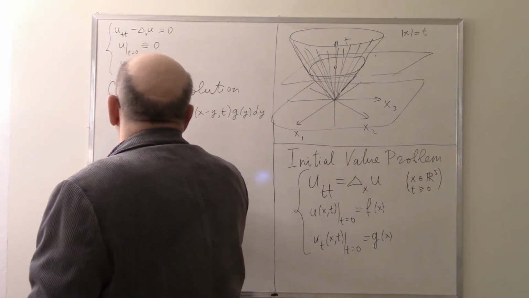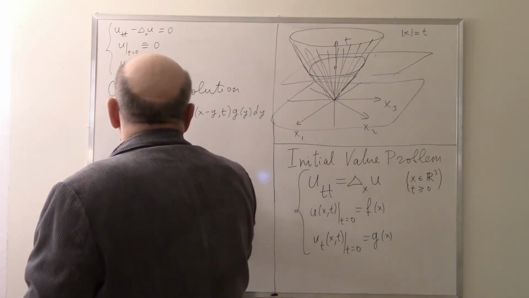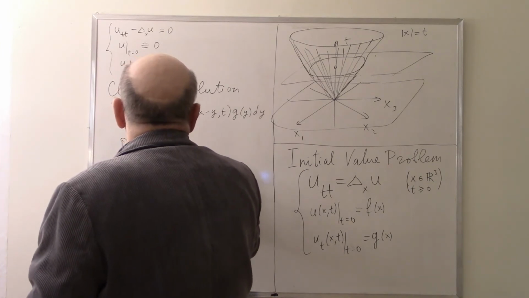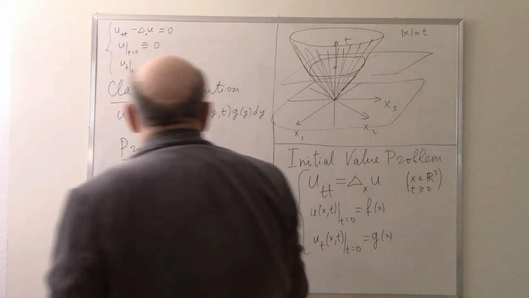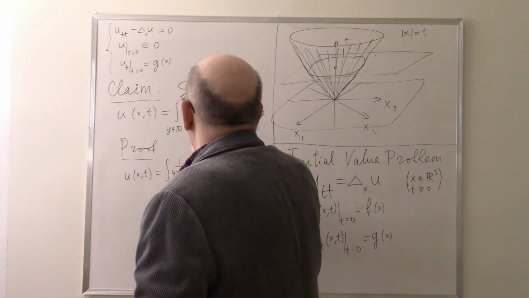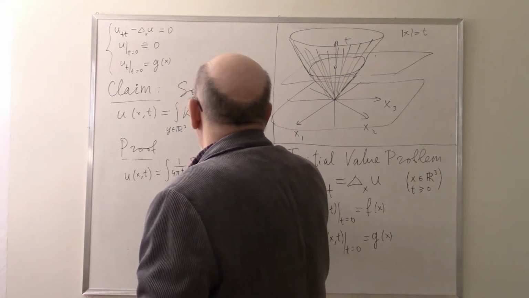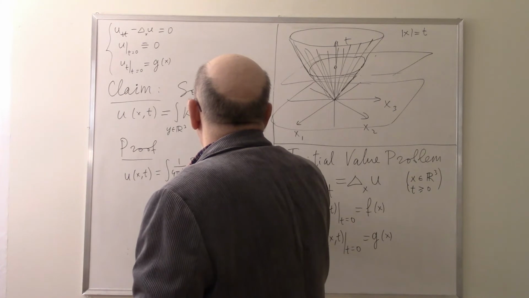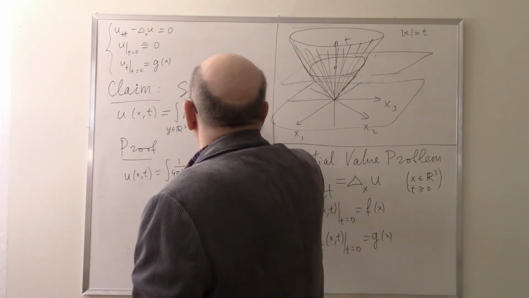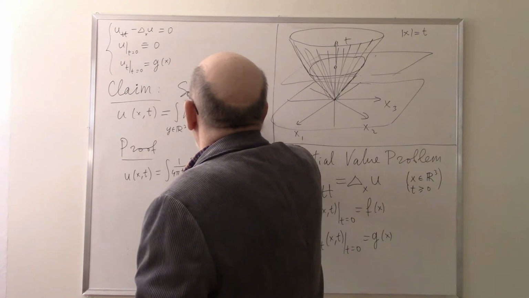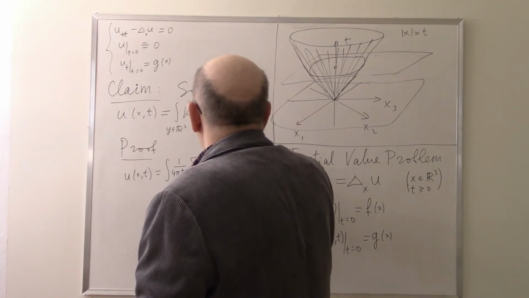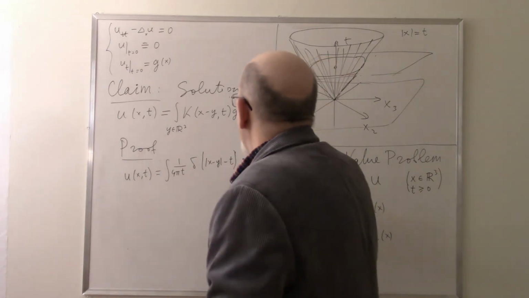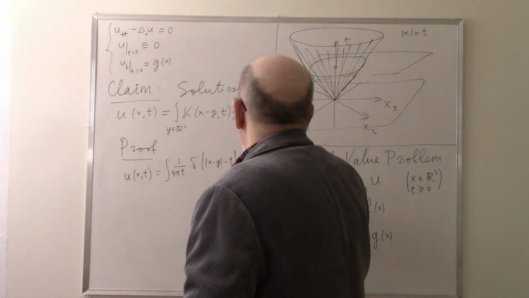u of x, t equals integral of what? 1 over 4 pi t, delta of modulus x minus y minus t, yes, this is this k, times g of y dy.